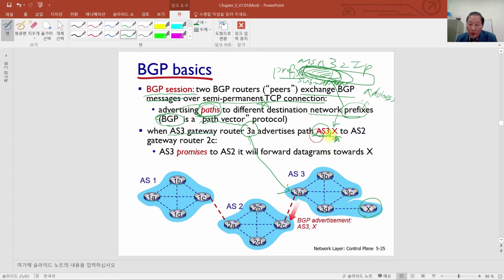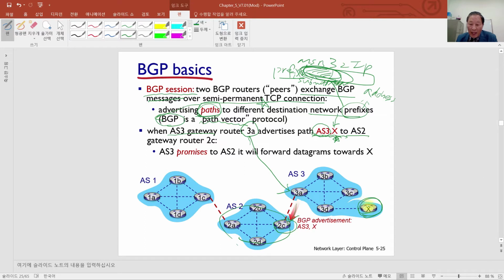Thus we need these two pieces of information, this autonomous system and this network address prefix, to reach this X. And that information is advertised to AS2. This one is AS2, and especially to this 2C that is connected, because this one is a gateway. That information is advertised to this one.